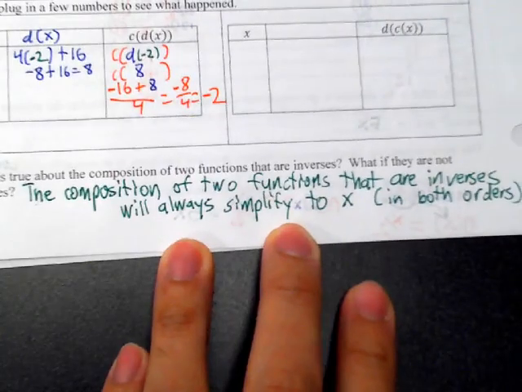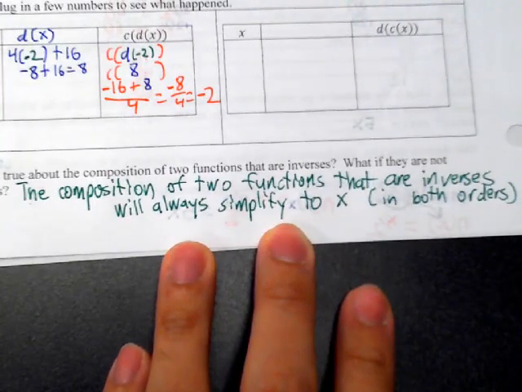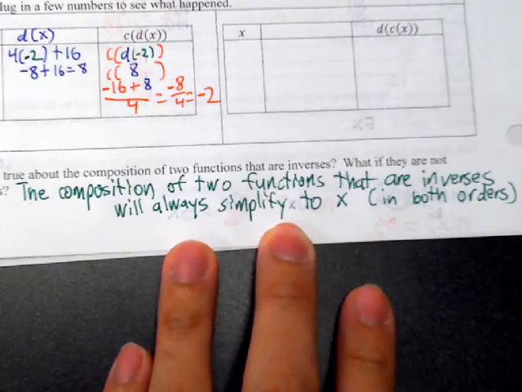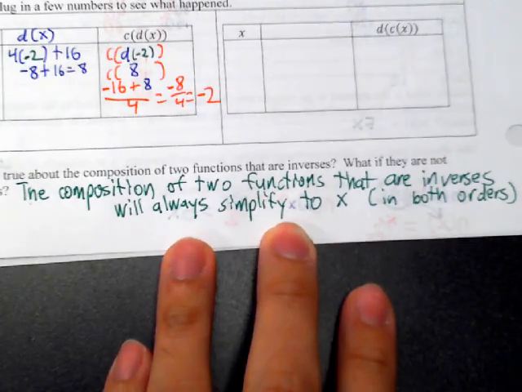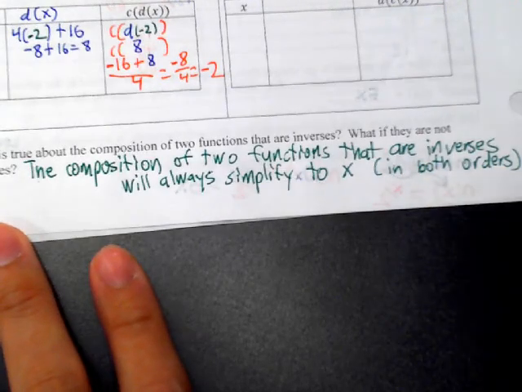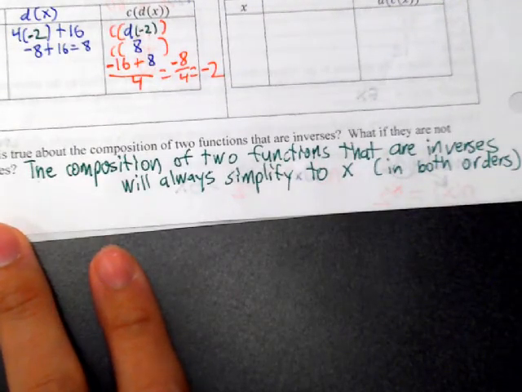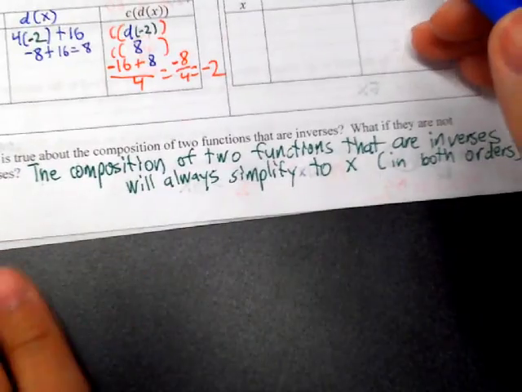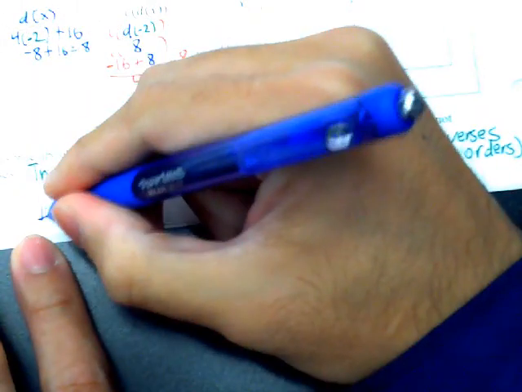We're going to add one more sentence here. What happens if you do a composition of two functions and it does not simplify to x?